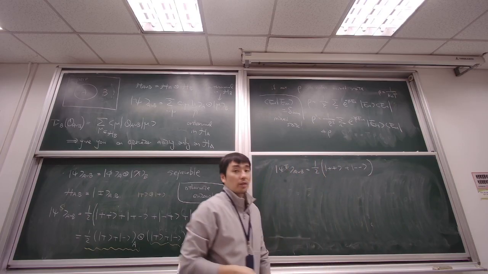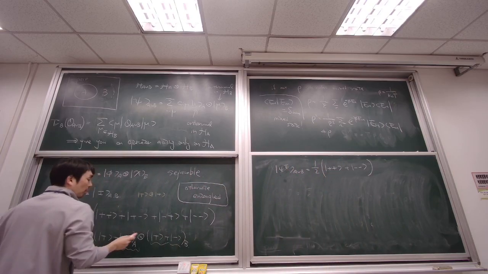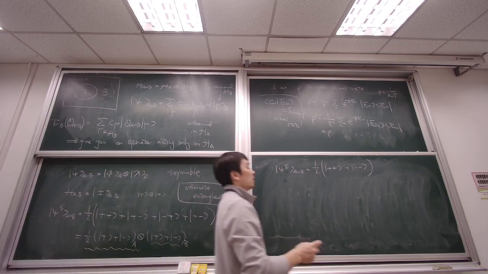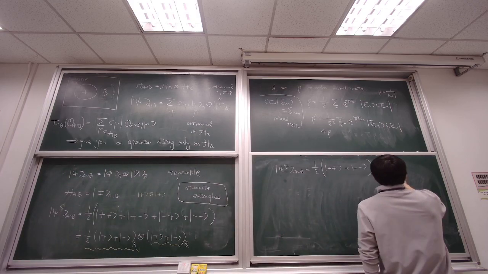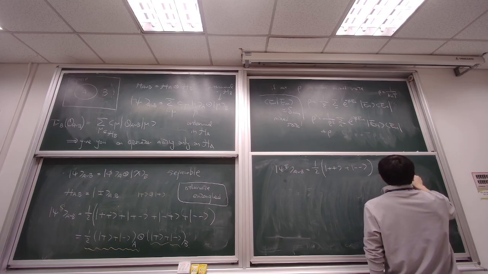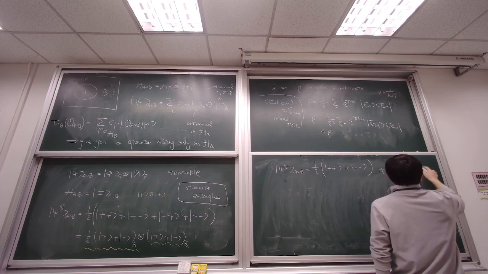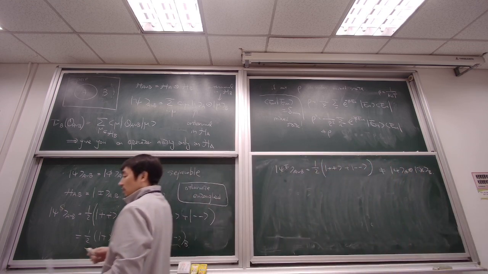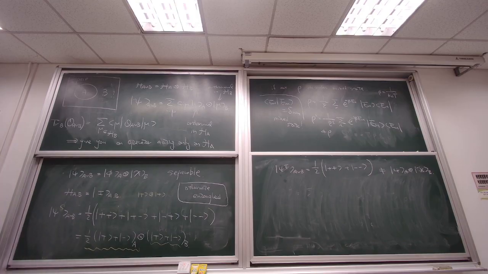So this one you cannot write down as a tensor product like this way. So this cannot be written as something like psi A cross whatever chi B. Okay? So therefore it's entangled.